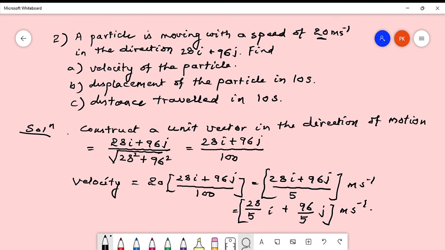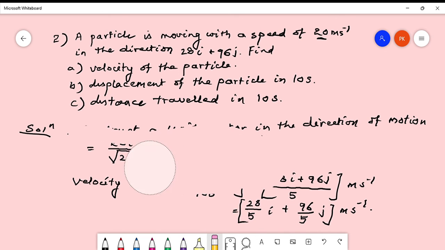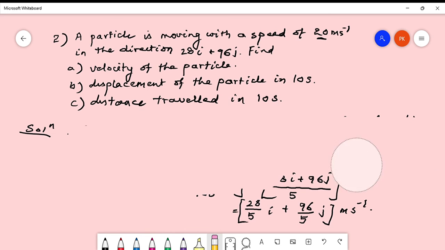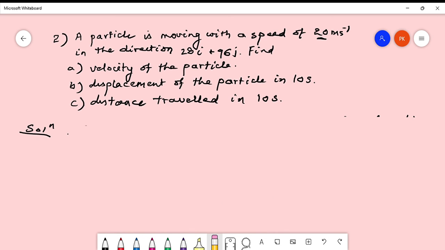Okay, so let us come to the next part. Now in the next part, we have to find out the displacement of this particle.